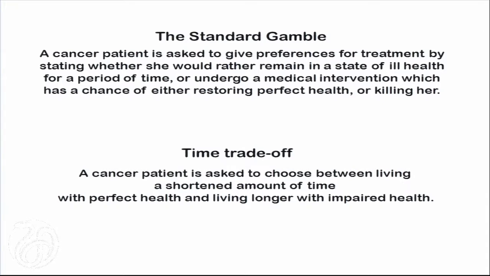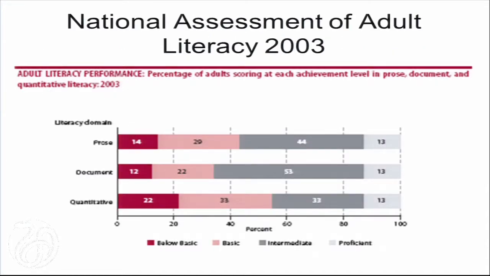Time trade-off is another such example, and you can see how difficult it is to understand these concepts and then to use it for making health choices. And this is all in the context of what you heard earlier, that more than 50% of Americans have no more than the most basic quantitative skills.